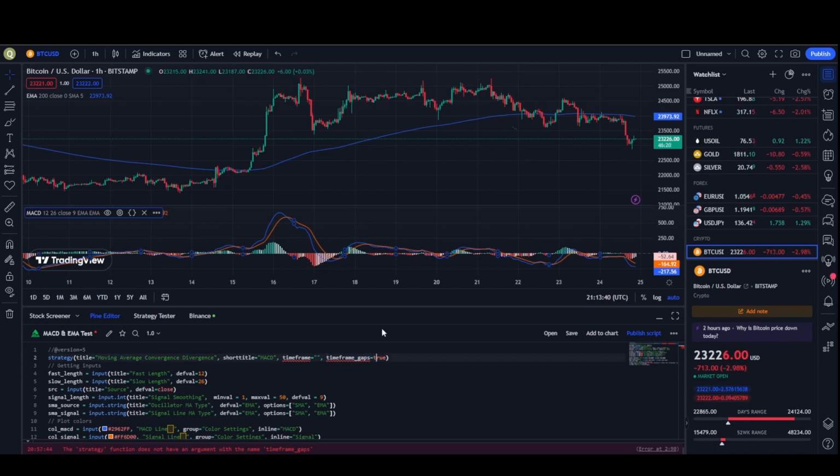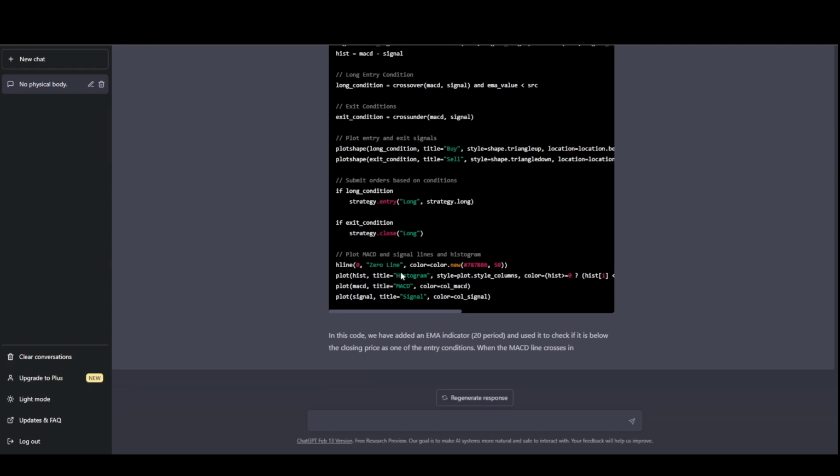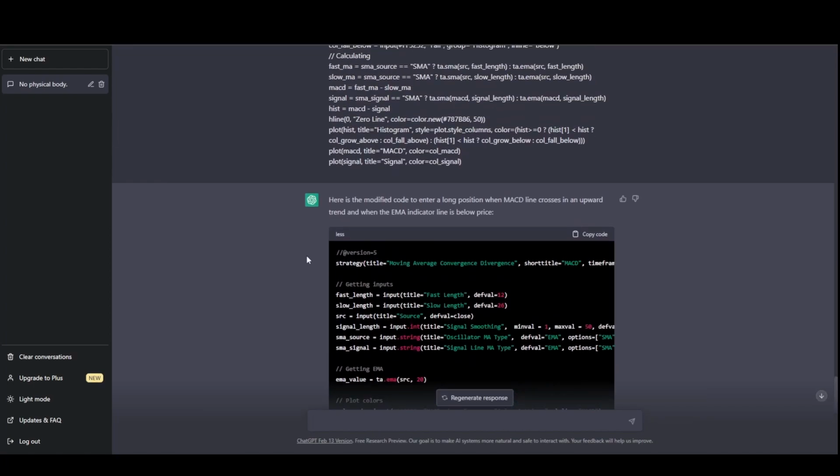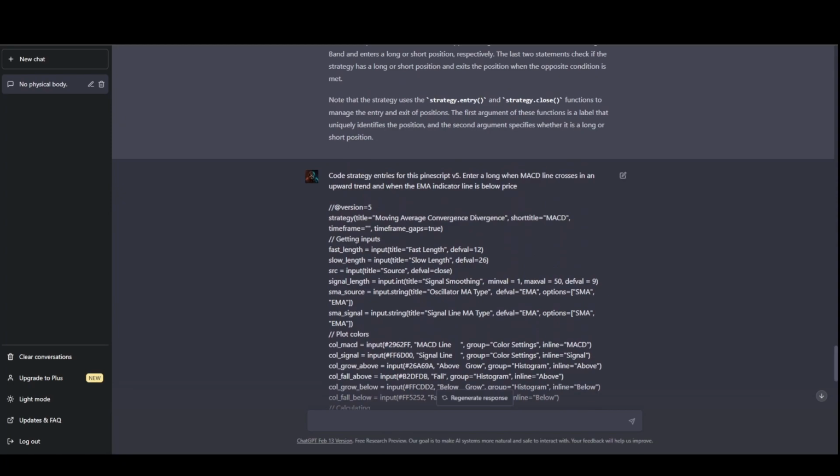Okay guys, because I'm having slight issues in understanding fully this script and code in general, I'm not too familiar with it. It's getting a bit confusing. So what I have done just now, just before I hit record again, I went to ChatGPT and said: code strategy entries for this PineScript.